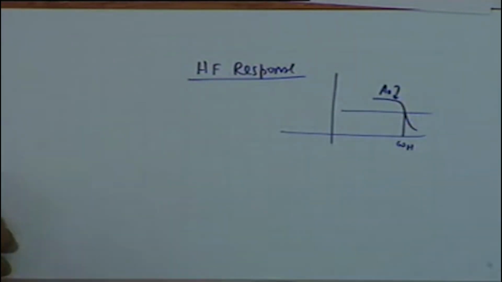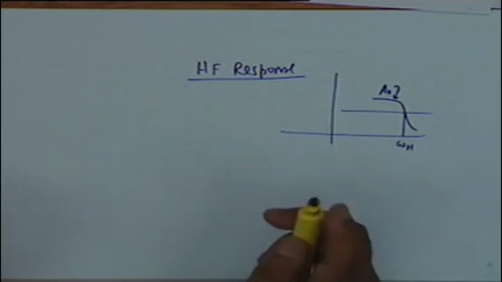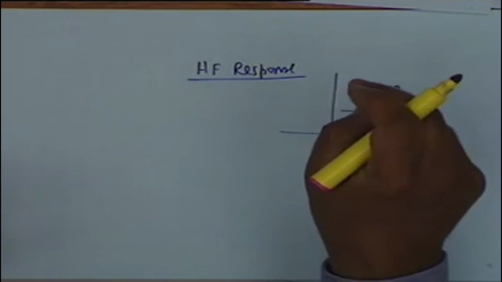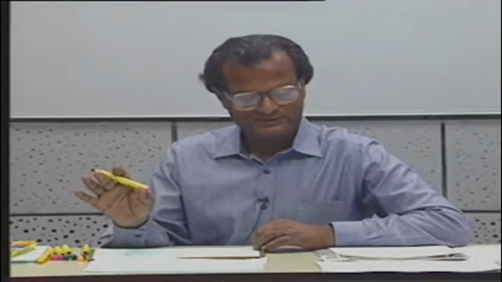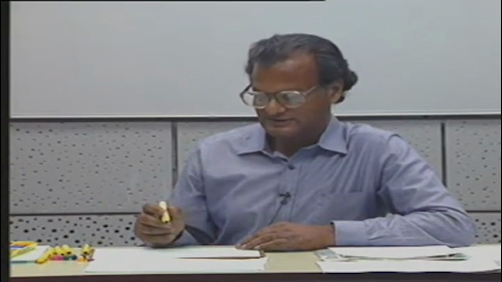At high frequencies, the Cc1, Cc2 and Ce, all of them are shorts. What is effective is the internal capacitances of the transistor, that is C pi and C mu. Now let us see how C pi and C mu affect the circuit.